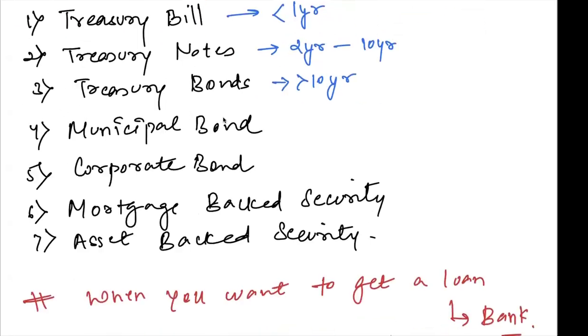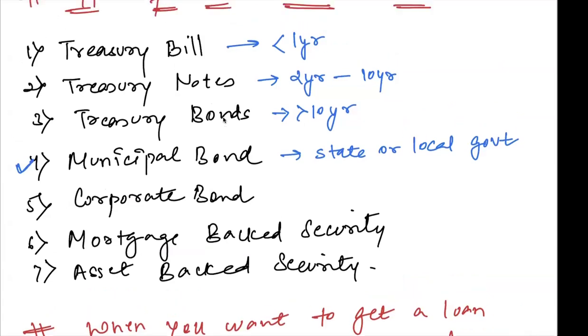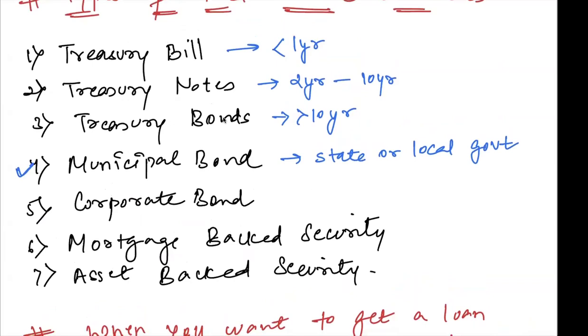Now, if the state or local government wants money from the public, they'll issue what? Municipal bond. But do you know why a state or local government would need money?